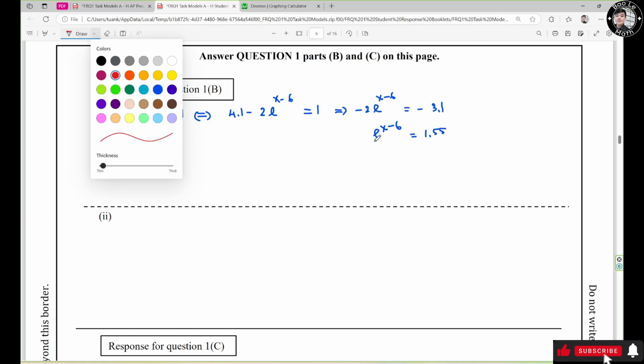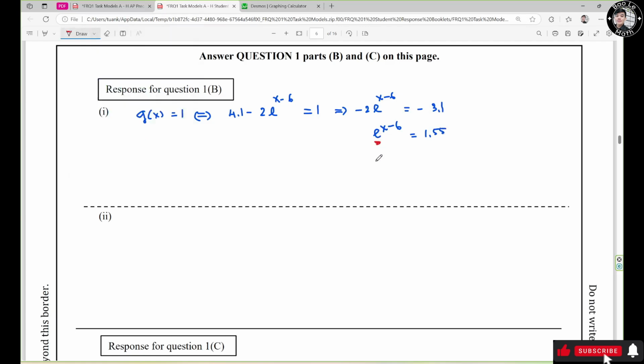We see that there is a base e, right? We need to eliminate this so that we can bring s minus 6 to the front. In order to do that, you need to take the natural log of both sides. Remember, natural log is the same thing as log base e. Natural log of e^(s-6) equals natural log of 1.55, right?